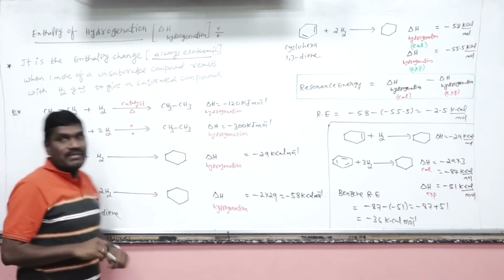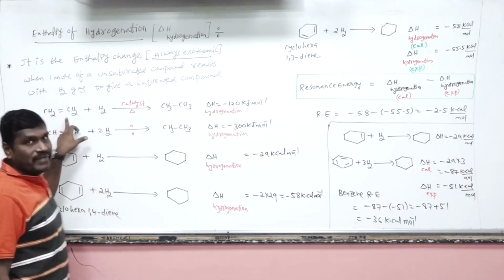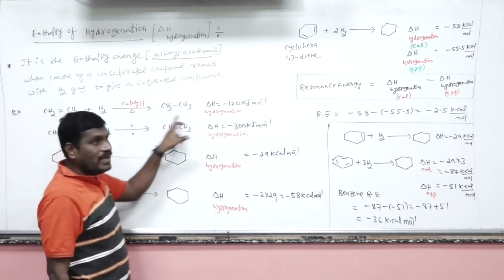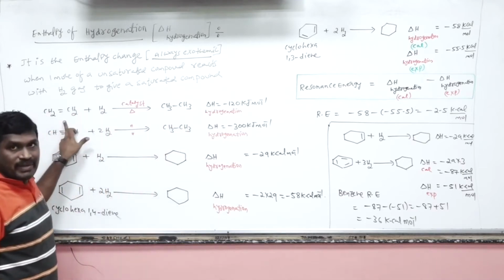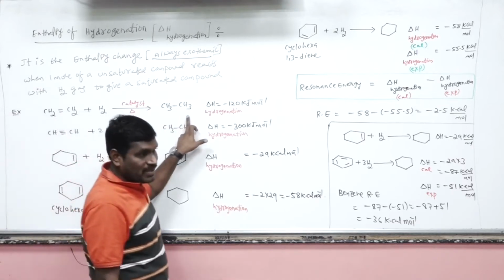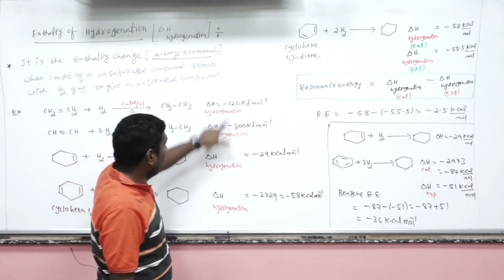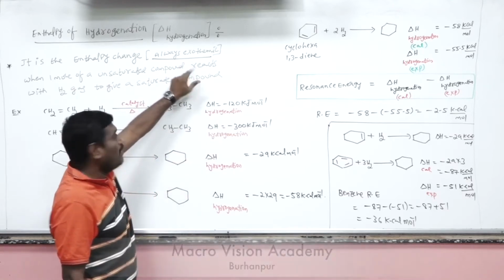We know a pi bond is a weaker bond, a sigma bond is a stronger bond. That means we are breaking a weaker pi bond and forming 2 stronger sigma bonds. Bond breaking is an endothermic process, and bond formation is an exothermic process. That's why heat energy is released. That's why I am writing always.